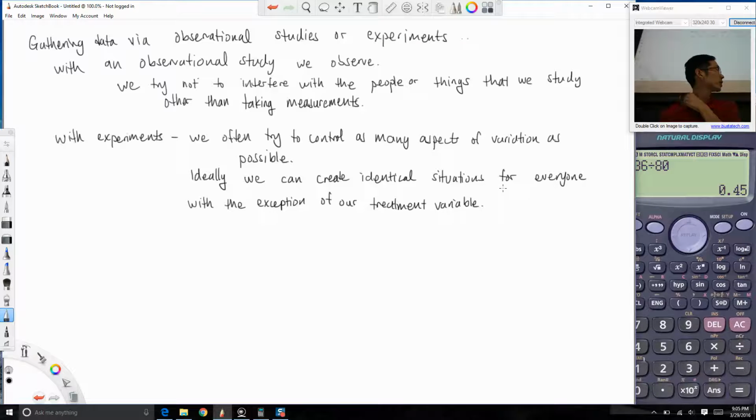For example, let's say we want to know, does a certain medication reduce blood pressure?